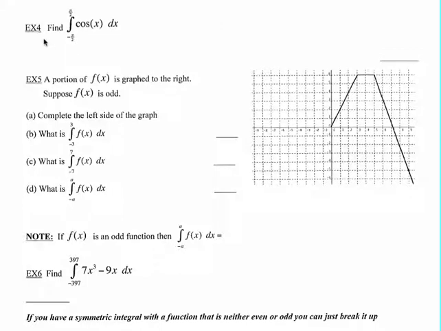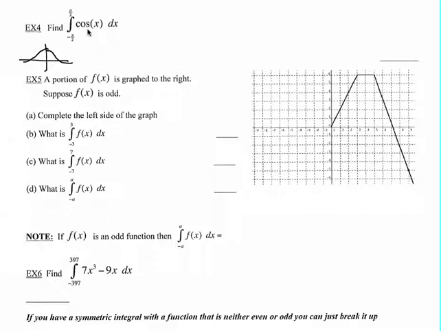on the back side. Example 4 is an example of an even function. Cosine of x is even. Just to give us something to work with. Okay, you get kind of the idea. So it looks kind of like that. Not my best cosine function.